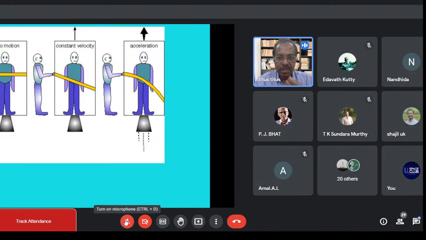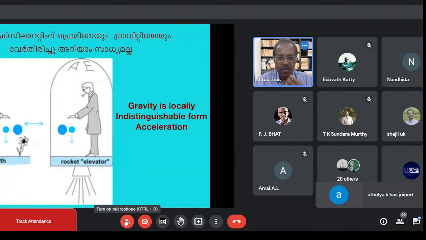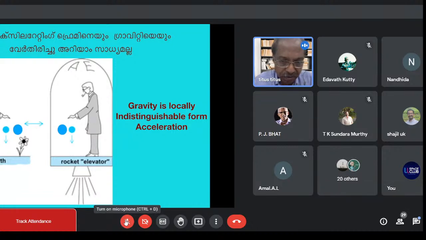You have a torch and you are igniting it from the left wall, and the light from that torch is going towards the other wall. At the same time, your spaceship is accelerating up. The beam of light is traveling with a fantastic velocity of 3 into 10 to the power 8 meters per second. But however high this velocity is, it's a finite velocity. It will take a finite time, however small it may be, to reach the other wall.